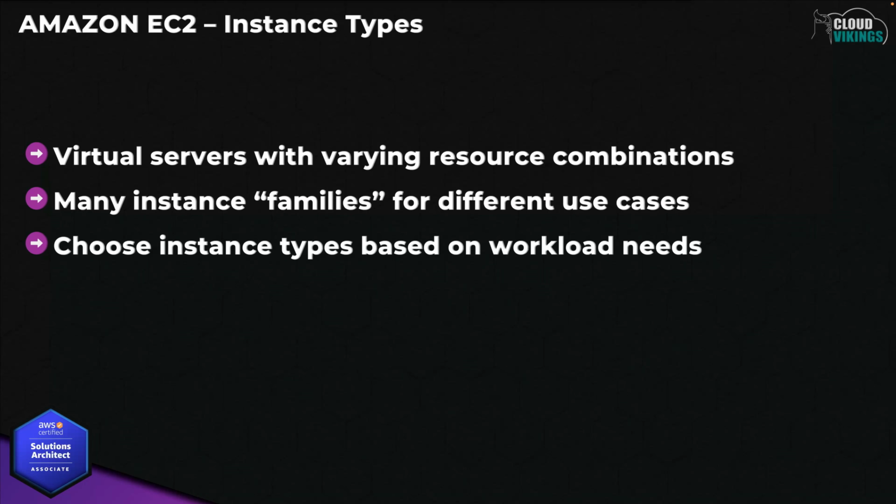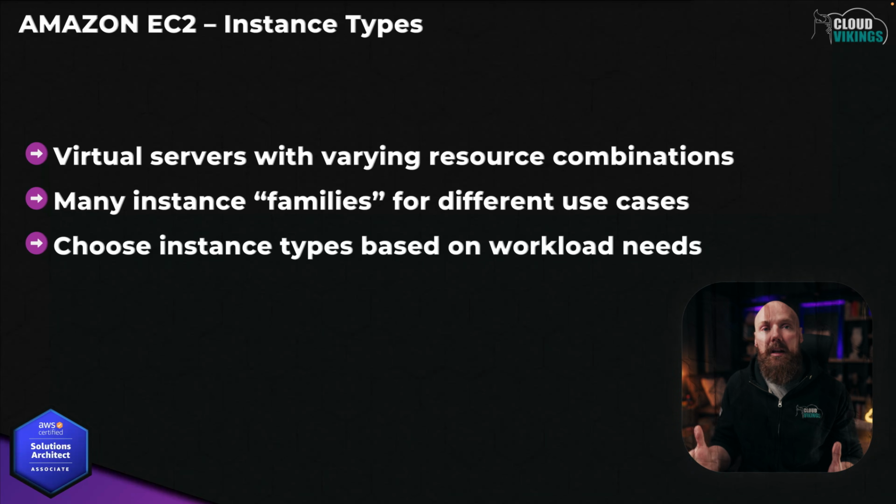Now, as a best practice, you should choose the instance type by aligning it with your workload's requirements. You can start by identifying your application's bottleneck. Is it CPU or memory, storage or I/O, network, or maybe even requiring special hardware like a GPU? If you choose an instance type that provides the right mix of those resources, your application will perform well and you won't be paying for capacity that you don't use.